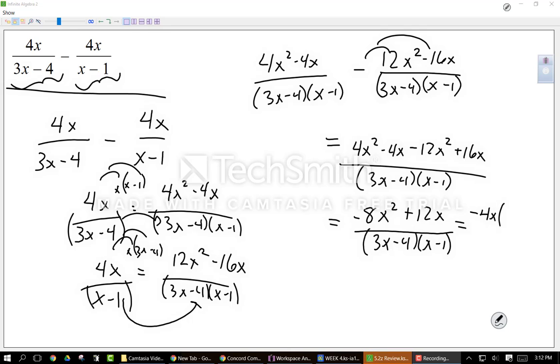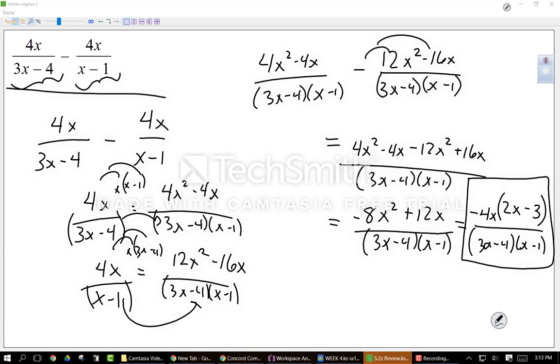When I pull out a negative 4x, I'm left with 2x minus 3 over 3x minus 4 times x minus 1. And because my binomials are not the exact same thing in my numerator or denominator, and I have no monomial to cancel with the negative 4x, this is my final answer for this particular problem.